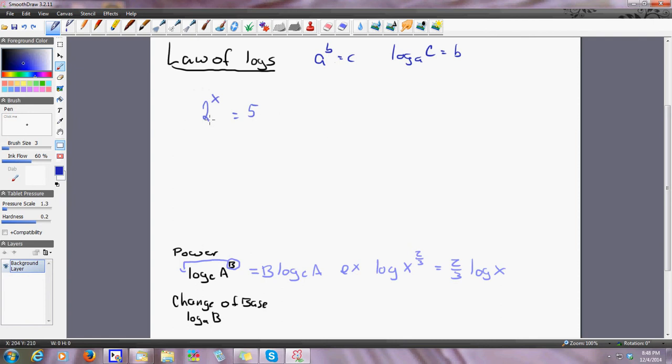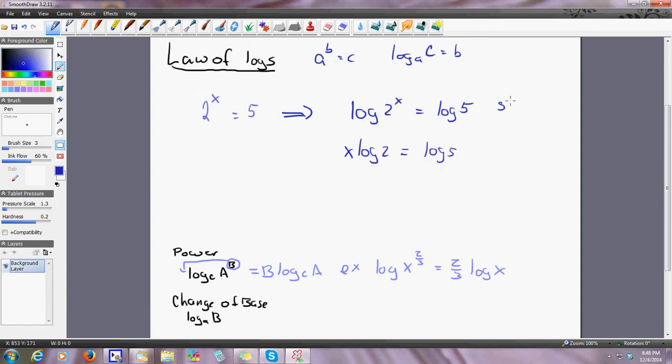What I'm going to do first is log both sides. So I'm going to get log of 2 to the x equals the log of 5. And now I'm going to apply the power rule, and I'm going to move the x into the front, and I get x log 2 equals log 5.